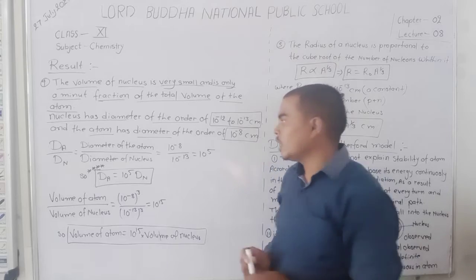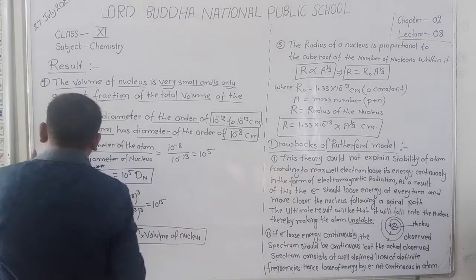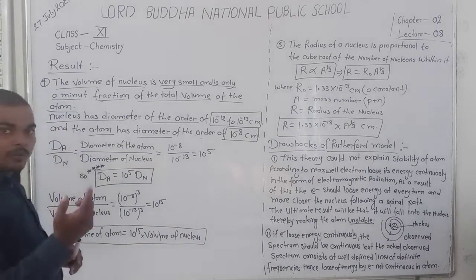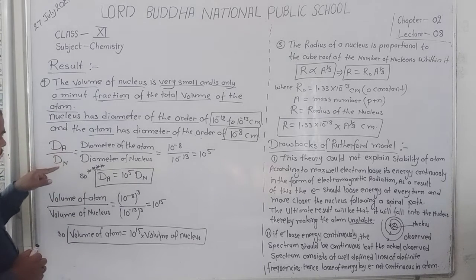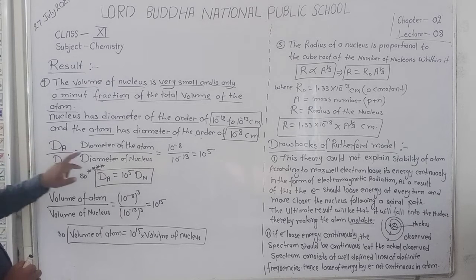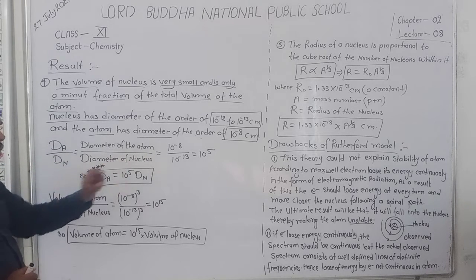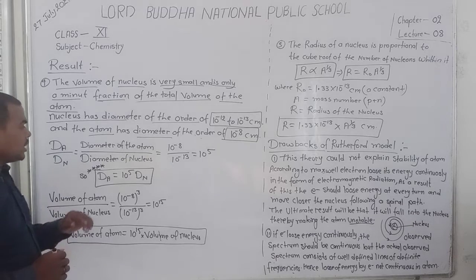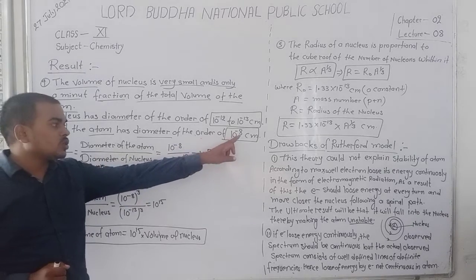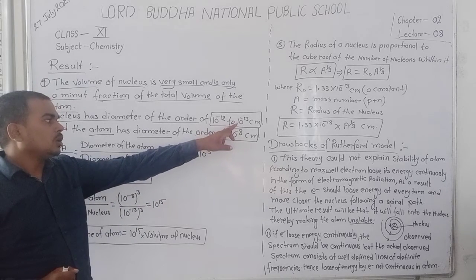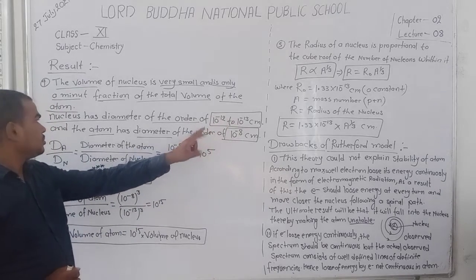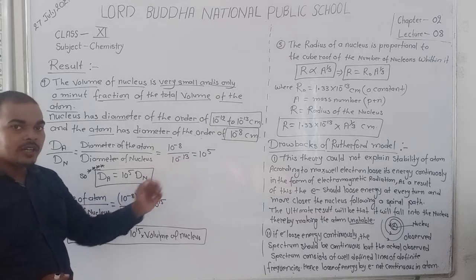Okay, student? Dear student, now the ratio of the diameter of the atom and the diameter of the nucleus. You know that the diameter of the atom is 10 raised to the power minus 8 centimeter and the diameter of the nucleus is 10 raised to the power minus 13.